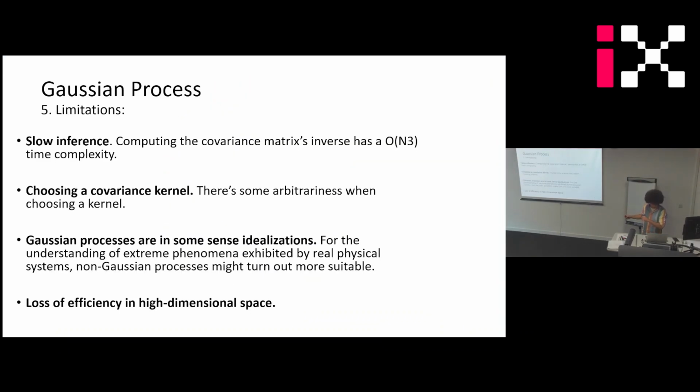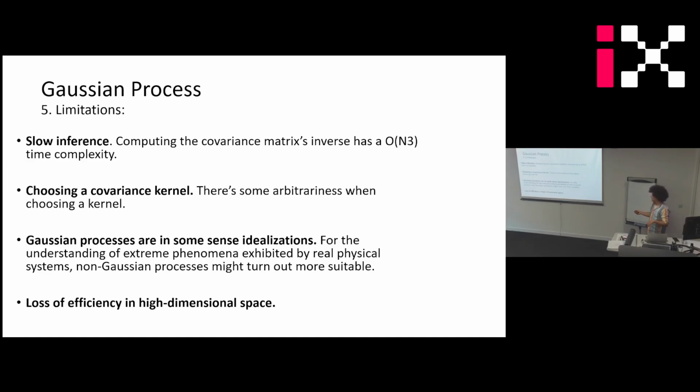Okay, so in terms of limitations, the things I've picked up would be the slow inference, how it scales badly with the size of your observed data.